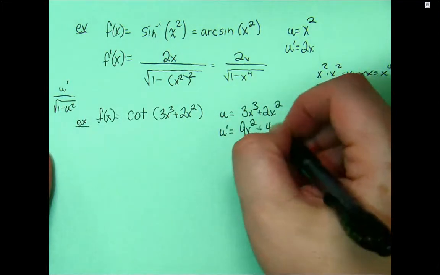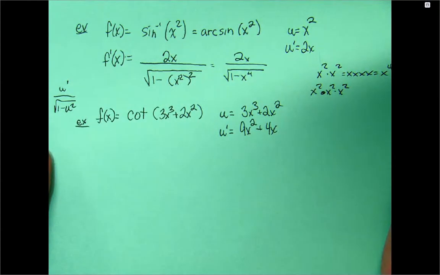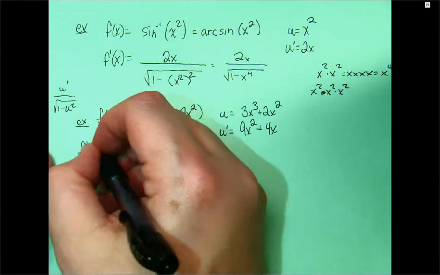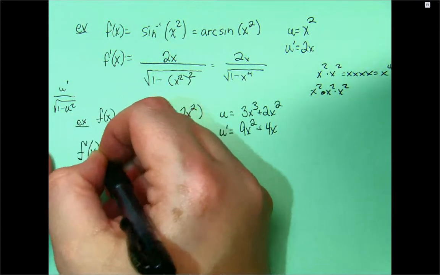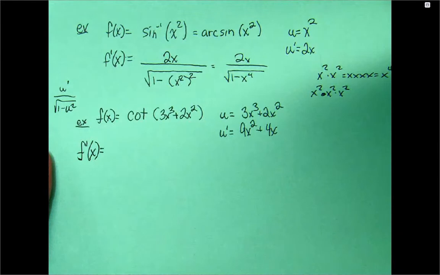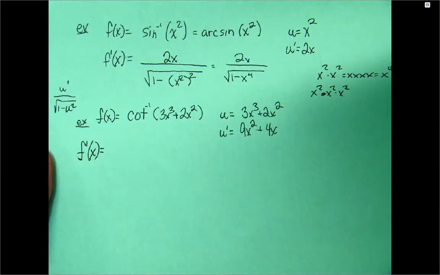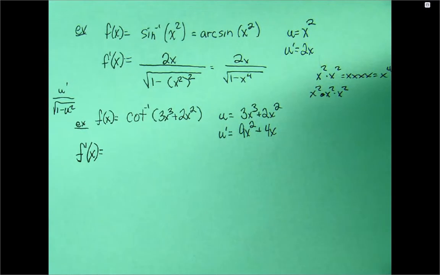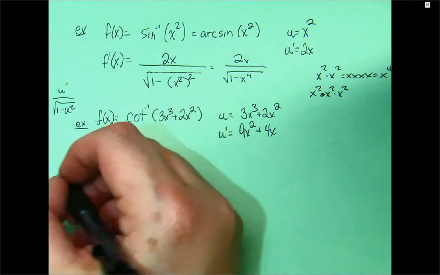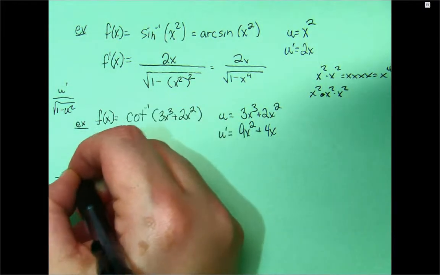Nine x squared plus 4x. Alright, so if I'm going for f prime now, we're doing the inverse, so we're doing the arc cotan. So we look for that guy, and it's negative u prime over 1 plus u squared.